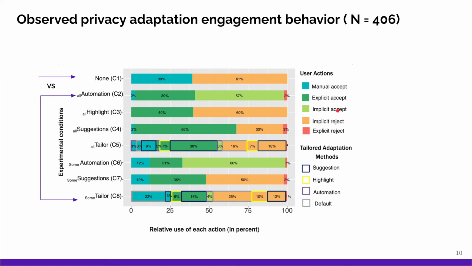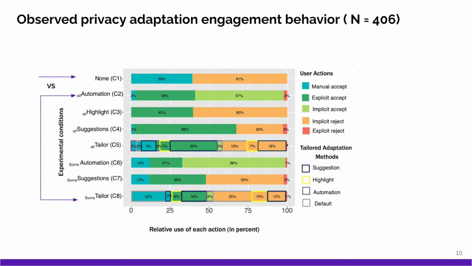Or they implicitly accepted, which is the participant ignored an automated adaptation, thereby implicitly accepting it. Because remember, in this particular instance for automation, usually the feature was restricted to a higher privacy setting.